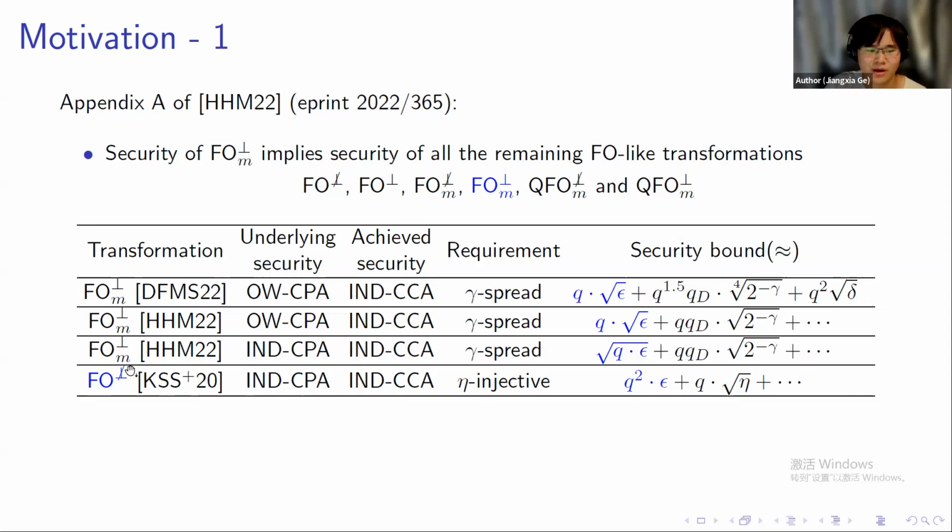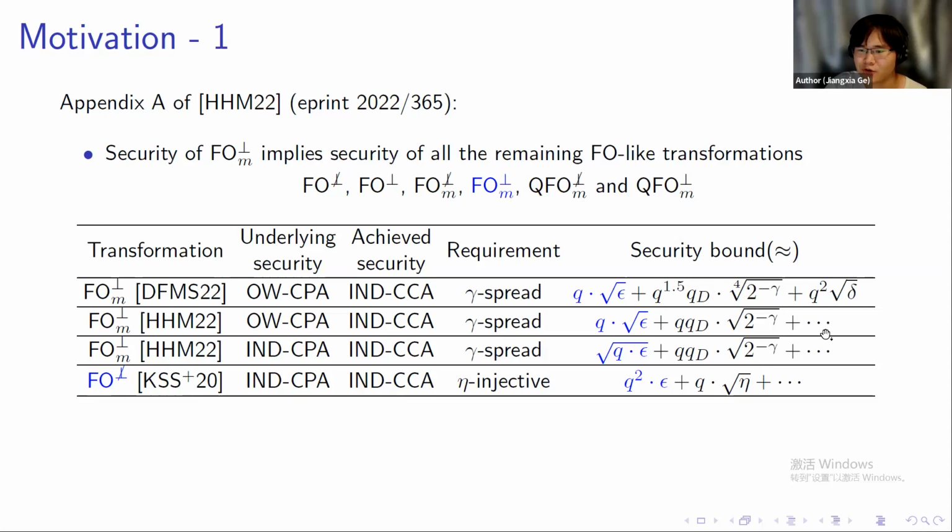So compared with the security bound of FO with implicit rejection, the security bound of FO with subscript M still has a quadratic security loss and is less tight, especially the term related to the corresponding requirement.